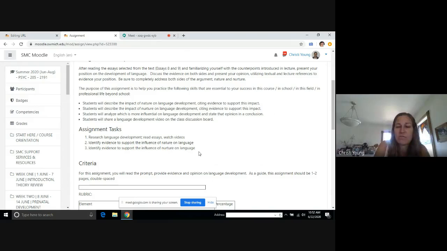An ideal essay setup would be an introduction talking about how language develops, then a section on how nature is impactful on the development of language, and then another section on how nurture is also impactful on language development, concluded with your opinion as to which one you think is more heavily involved.